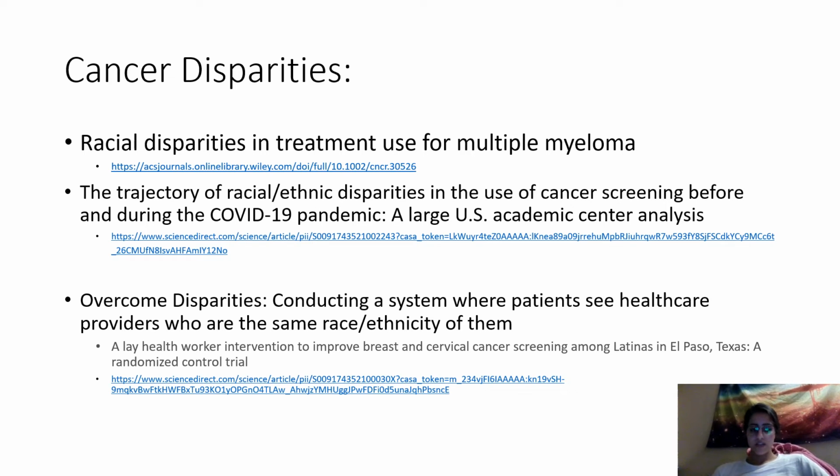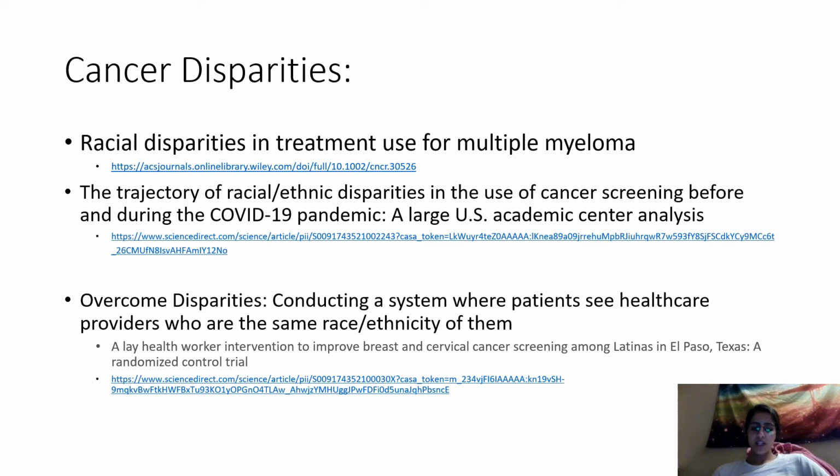The second one is on the trajectory of racial and ethnic disparities in the use of cancer screening before and during the COVID-19 pandemic. A large U.S. academic center analysis was done, where interrupted time series analysis was used to analyze the change in screening rates by race and ethnicity before and during the pandemic.